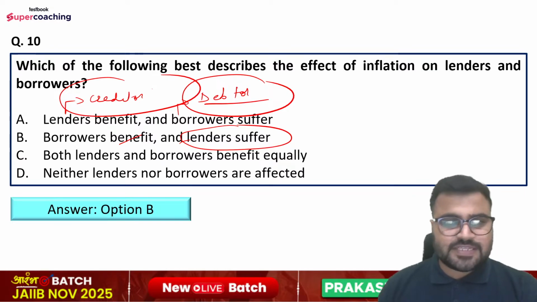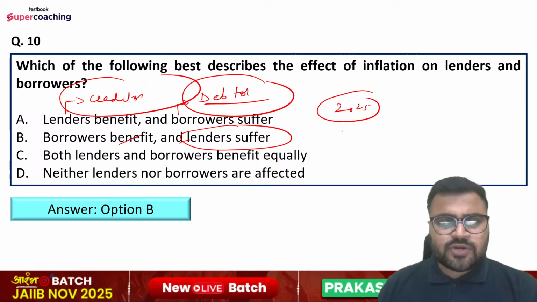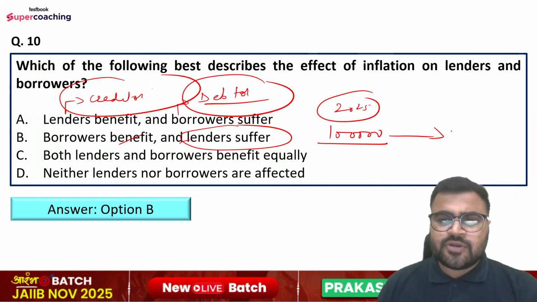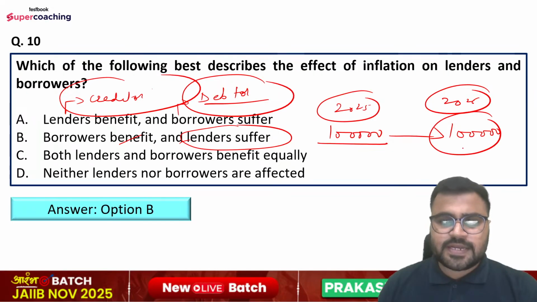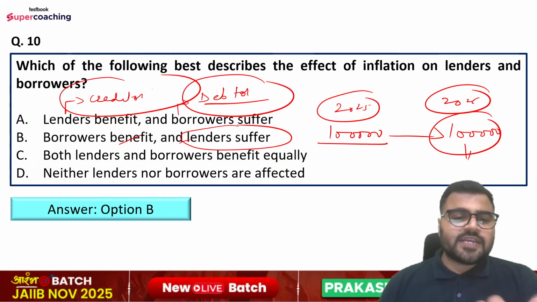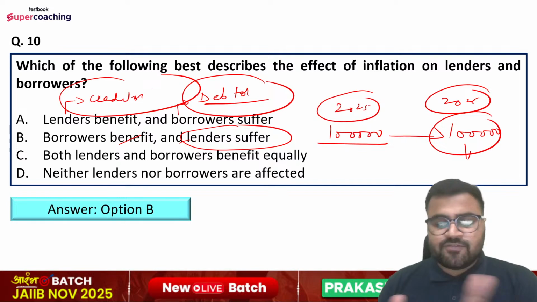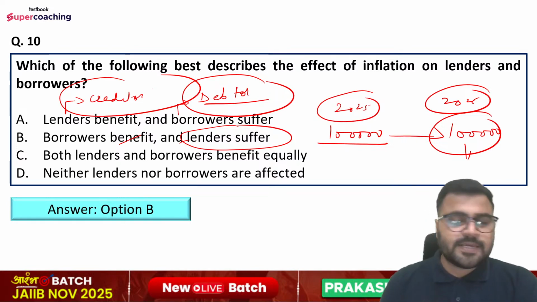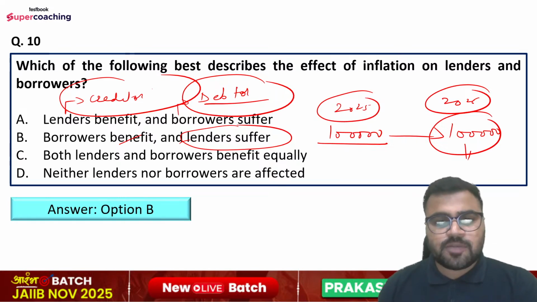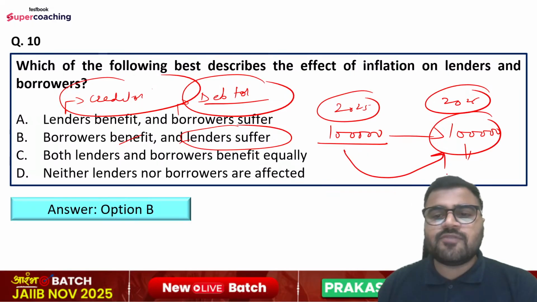Got it? Why is this so? Because suppose in 2025 you take 1 lakh rupees from your friend, and in 2026 you are repaying exactly 1 lakh, right? So what would happen? Who will face the loss here? The loss will be to the creditor, because ultimately you have taken 1 lakh rupees 1 year back, right? And if you compare the time span of 1 year, there might be inflation in the economy, but currently you are repaying only 1 lakh rupees, which means the actual value might be around 95,000.